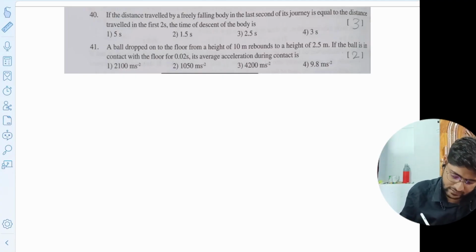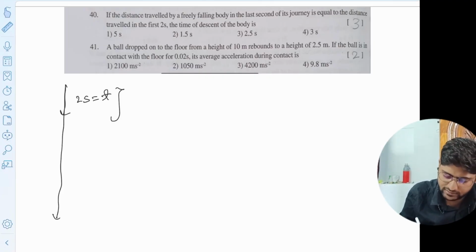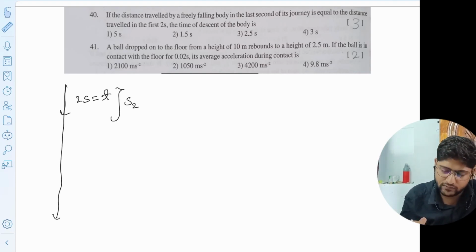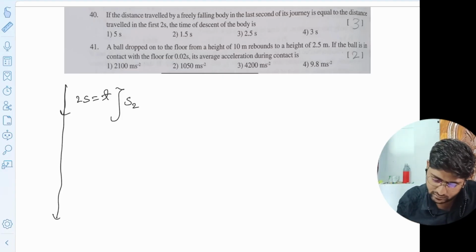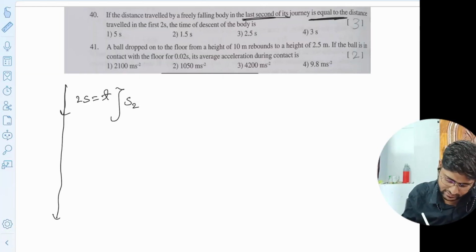It is saying, suppose something is falling. In the first 2 seconds, whatever distance s2 we can say, whatever distance it will cover in the first 2 seconds, will be equal to the distance traveled in the last second. So last second will be what?